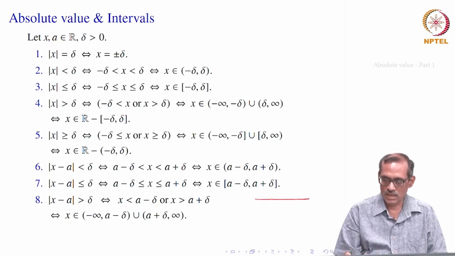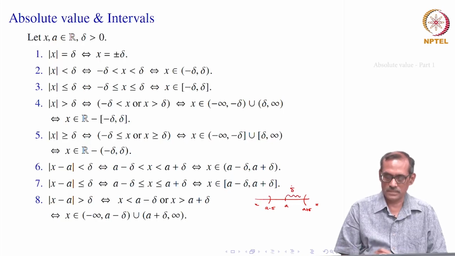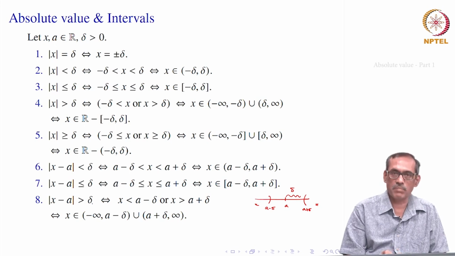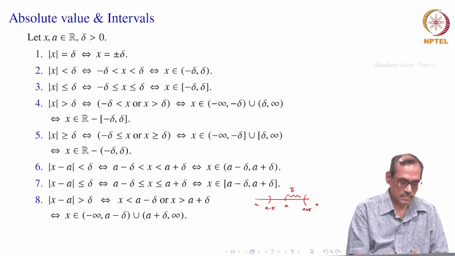So, it is really a minus delta, x can be here, or x can be here, which is a plus delta, whereas this is a and this distance is delta. Okay, that is what the inequality mod x minus a less than delta gives rise to.